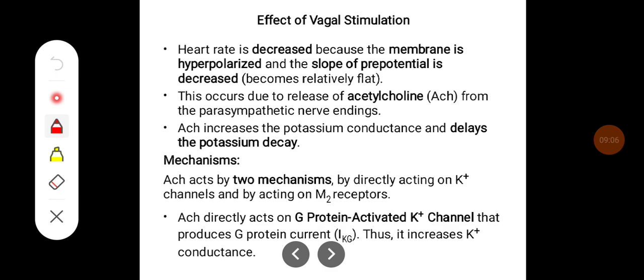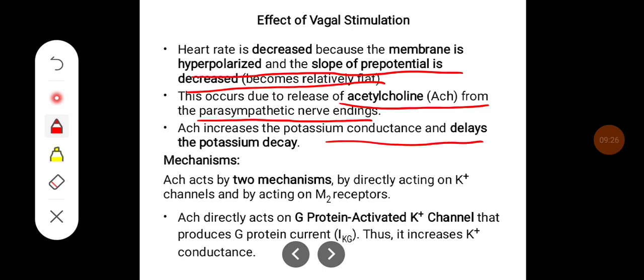If you see the effect of vagal stimulation, the heart rate is decreased because the membrane is hyperpolarized and the slope of the prepotential is decreased, that is, it is relatively flat. This occurs due to the release of acetylcholine from parasympathetic nerve endings, and acetylcholine increases the potassium conductance and delays the potassium decay.